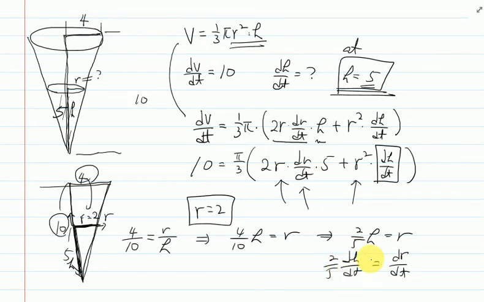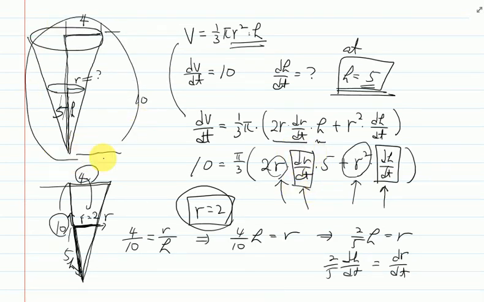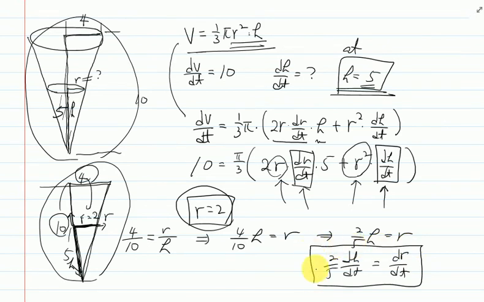What does that mean? We already know what r is at that time, so we can change that to 2, and h to 5. The only unknowns at this moment are dh/dt, which we are looking for, and dr/dt. It's a little difficult to find dr/dt from that expression, so we look at a different point of view, the relation between dr/dt and dh/dt.